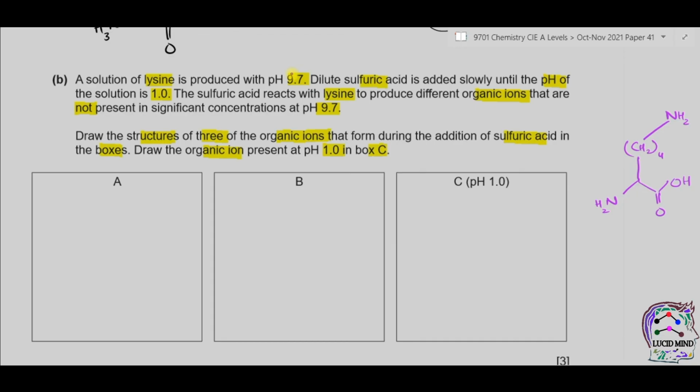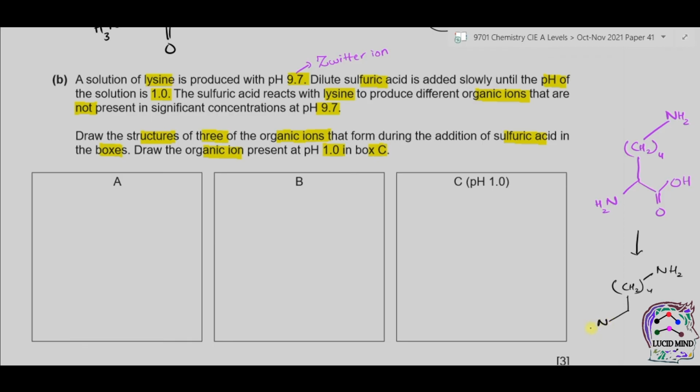Now at pH 9.7, lysine exists as a Zwitterion, which means that on one side we have positive charge and on the second side we have negative charge. So the Zwitterion will be like this: NH2, (CH2)4.